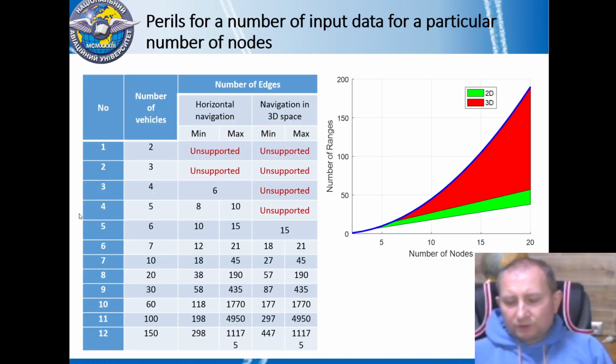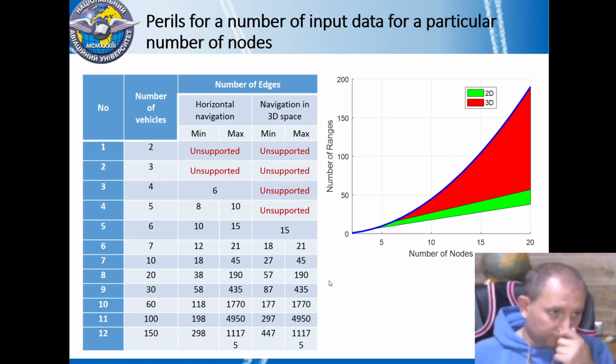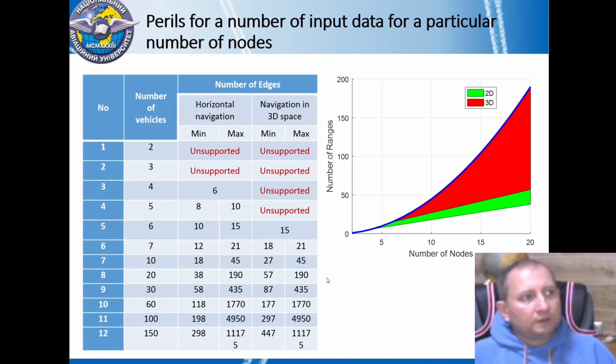Many years ago, I counted such a table, which represents the perils for solving the cooperative navigation equation. Here we have one column, the number of vehicles, and then the perils for the number of edges.